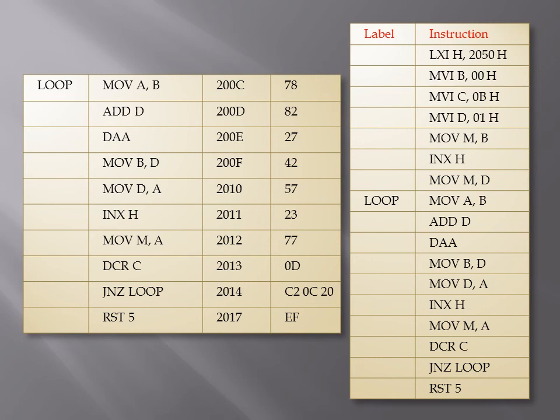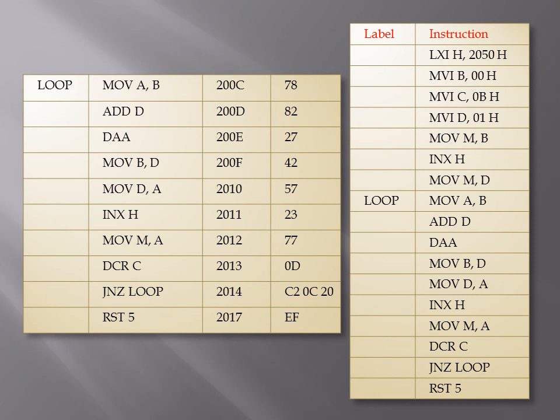Then we move D to B, so what was earlier in B is now replaced with D. Then MOV D, A, meaning A is moved to D. Now, what were the accumulator contents after this addition?